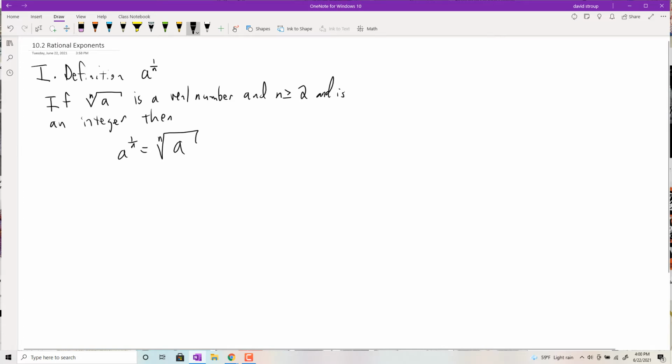Okay. One technical note: if n is even, a must be non-negative. They say non-negative. It's kind of weird that way.